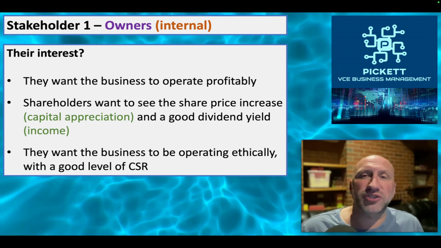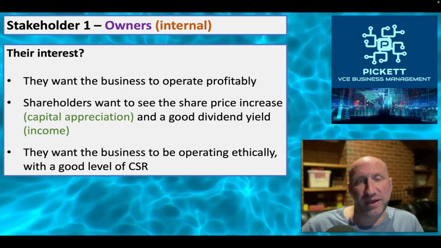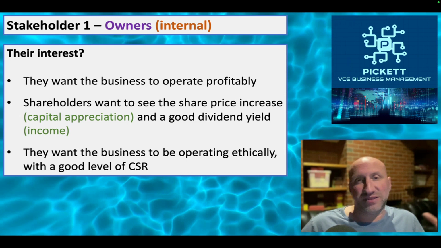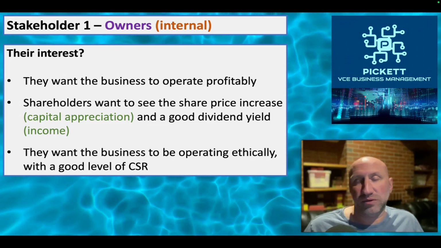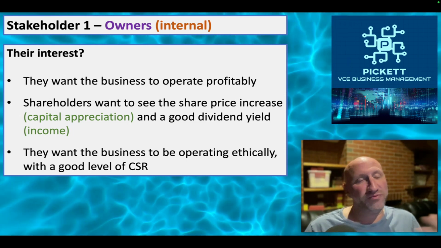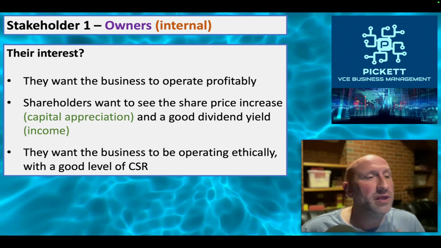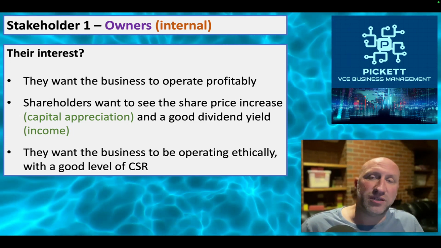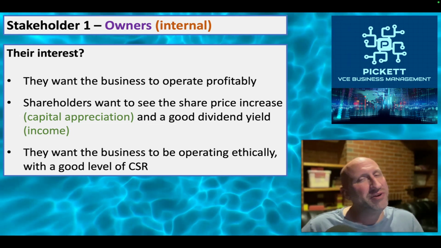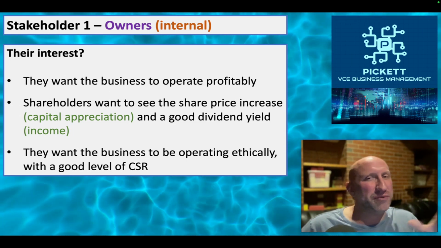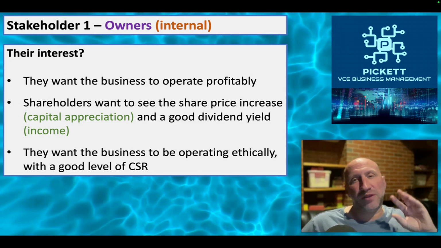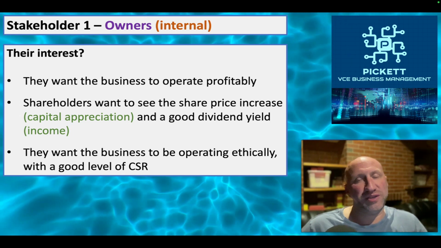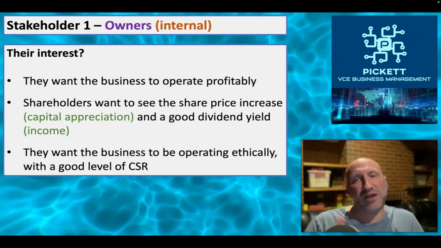And a good dividend yield. When you own shares in a public company, as anyone in Australia can do at 18 years of age or above, usually twice a year, though it can vary and can be every 3 months, the company pays dividends on those shares. It's a percentage for every dollar value of share that you hold.